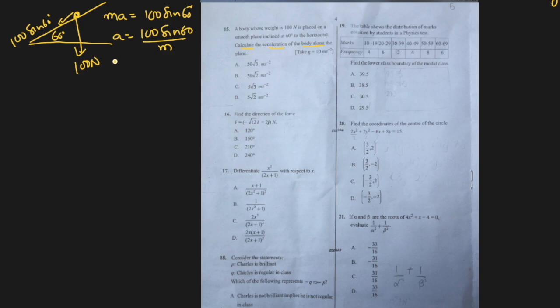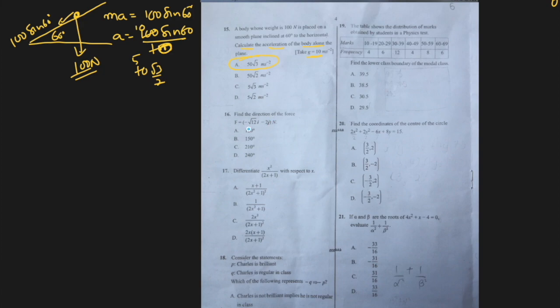Since weight is 100 and they have asked us to take g equal to 10, dividing 100 by 10 we get mass as 10. Just cancel this. 10 sine 60 will be the answer, which is 10 square root 3 over 2. That is sine 60. 2 and 10 cancel. 5 square root 3 meters per second squared. This is the answer.